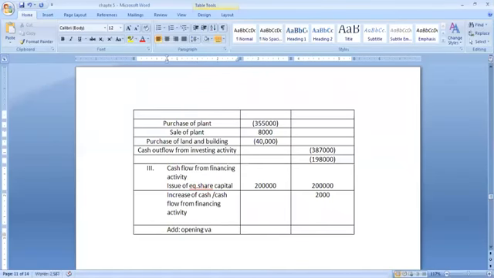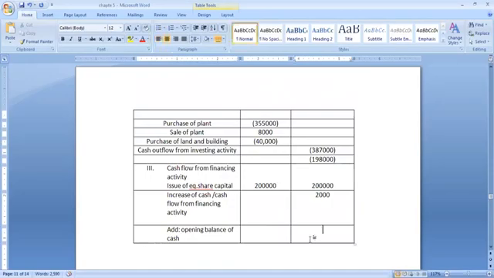Opening balance of cash. So what is the opening balance of cash? It is 16,000. It is added to it. You got 18,000. So this is called the closing balance of cash, or it is also called the cash balance at the end.